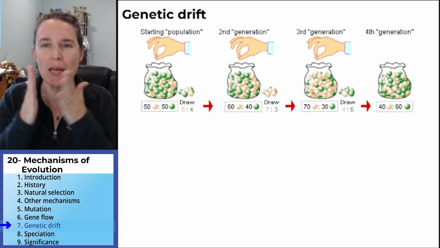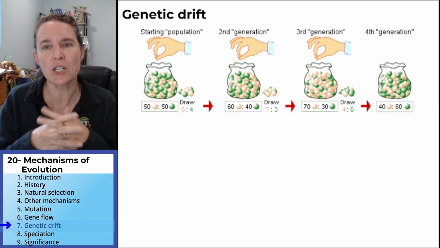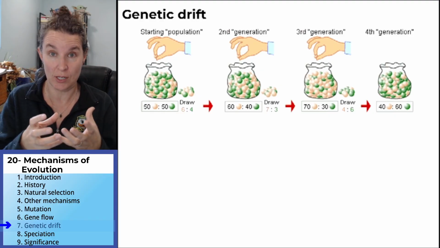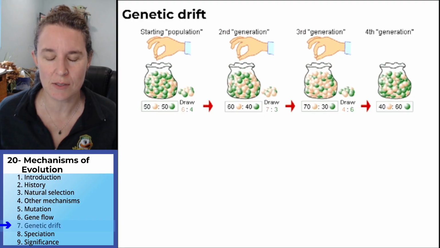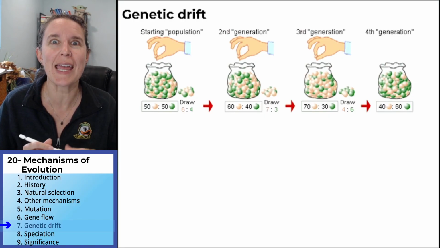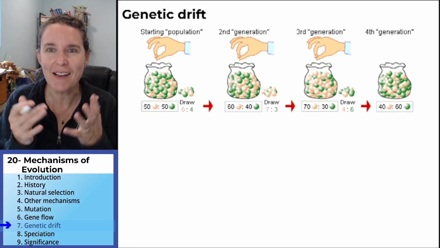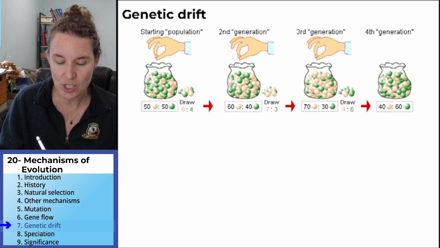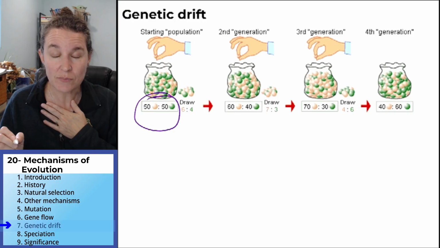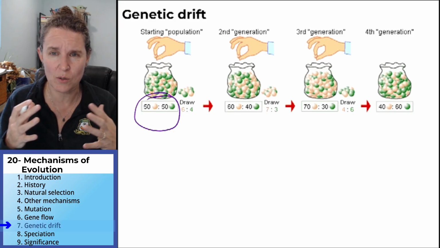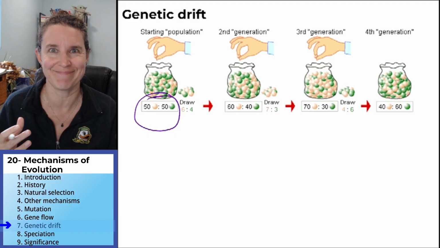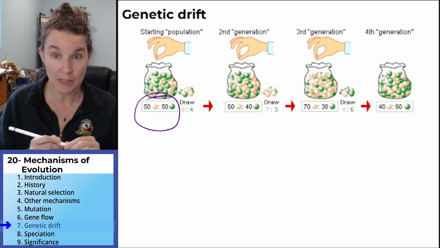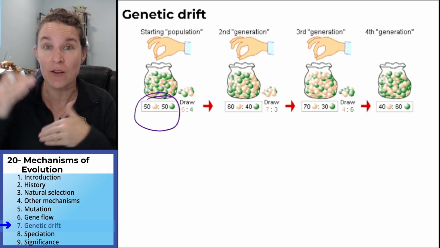To me, the best examples come from imagining a population is a bunch of marbles, or candies. You could have a pile of candies and randomly reach in, and let's just say our starting population is half brown, half green.